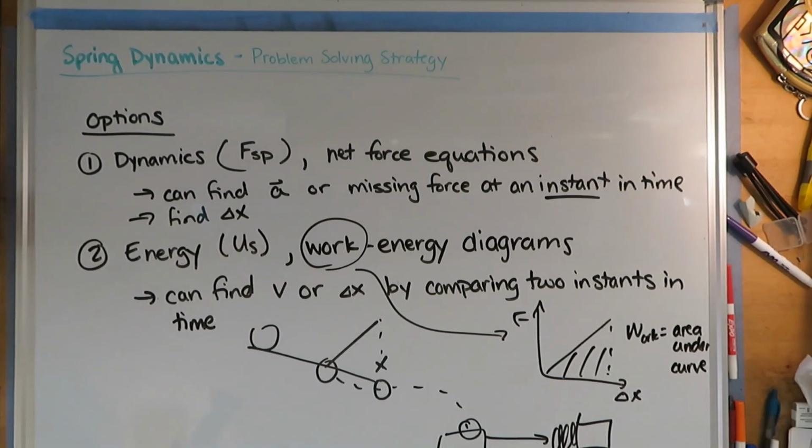You cannot use work equals F times D if there's a spring involved. Now, if this force is constant, some external force, and you're trying to find the work done by that external force, that might be different. But if this force is the spring force, this equation is completely invalid, and I see people use it all the time. So those are your different options for solving problems.